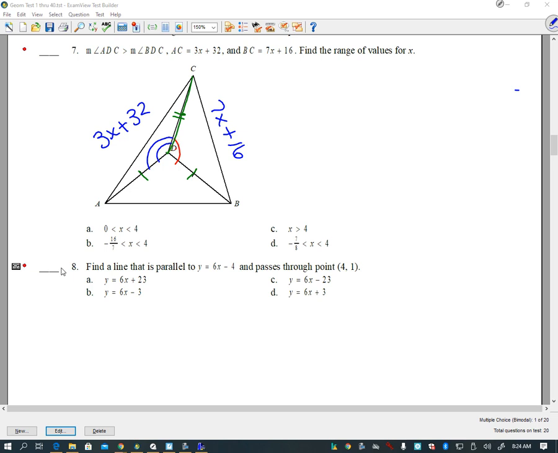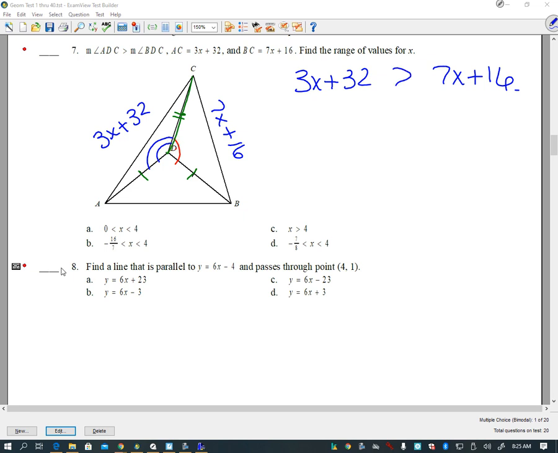Because the angle is greater, right? So if I have two sides of a triangle that are equal to two sides of another triangle, but their interior angles are different, then that third side is going to be different. Does that make sense? So we can write an inequality, 3x plus 32 and 7x plus 16. Okay, what's the inequality symbol? 3x plus 32 is greater than 7x plus 16.